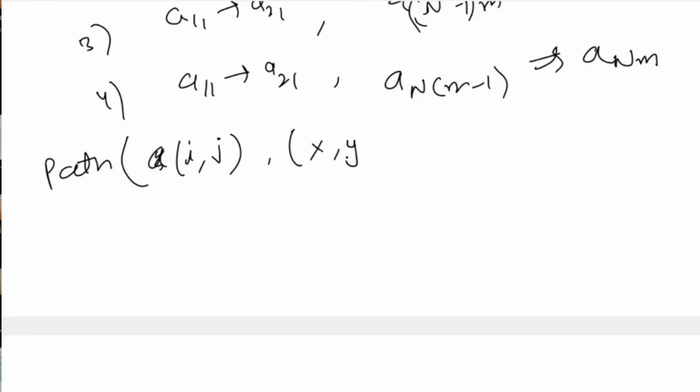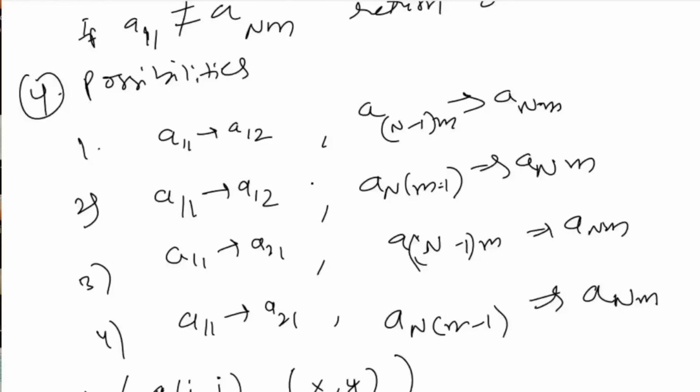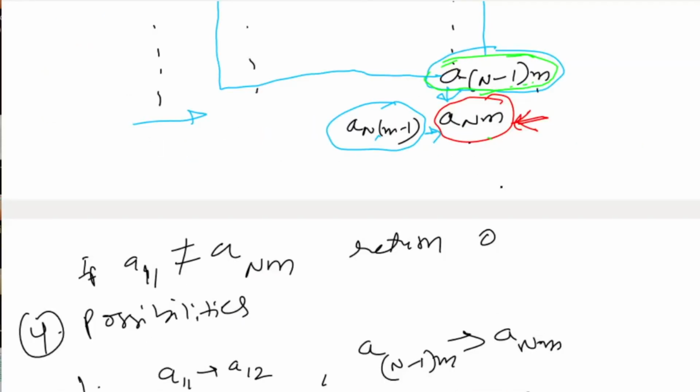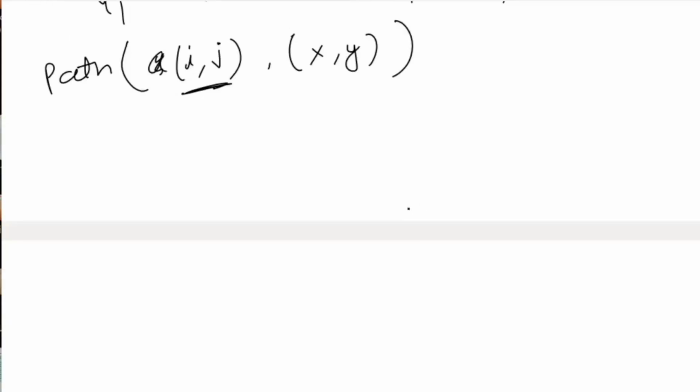Okay, so our starting cell is I comma j and our ending cell is x comma y. In this case I comma j is 1 comma 1 and x comma y is n comma m. So this function will return the number of palindromic paths from I comma j to x comma y.